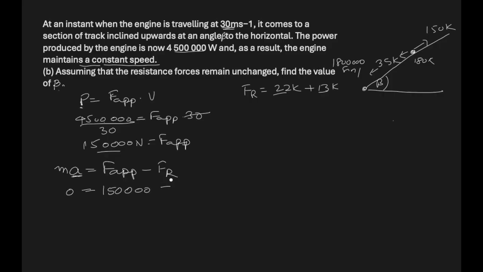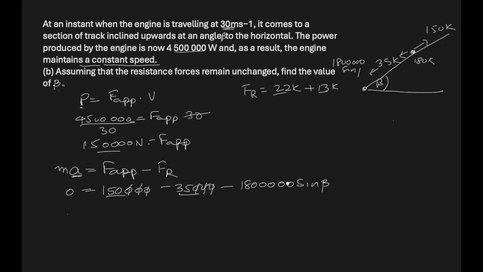Resistive force is 35,000 and 180,000 times 10 sine beta. We can cancel zeros again, 3 zeros here, 3 zeros here.